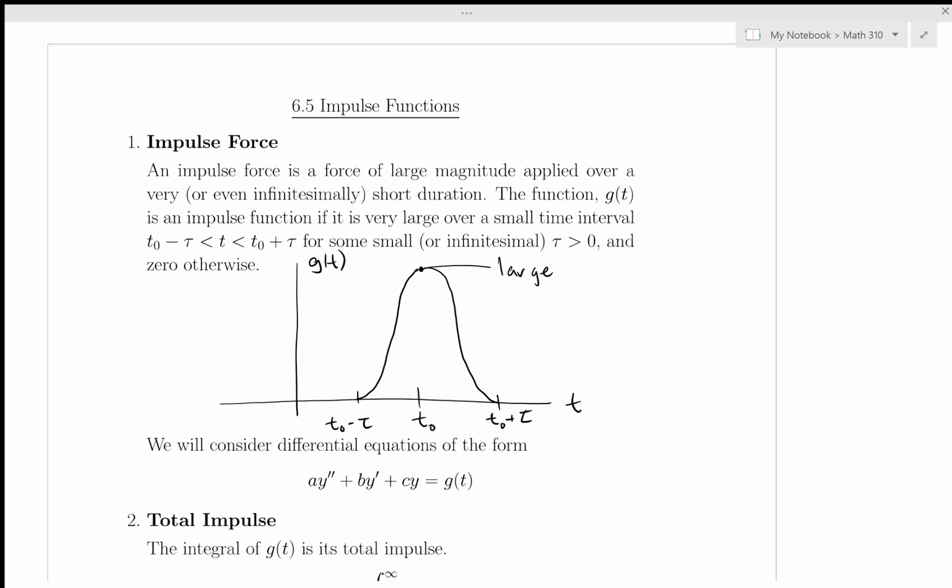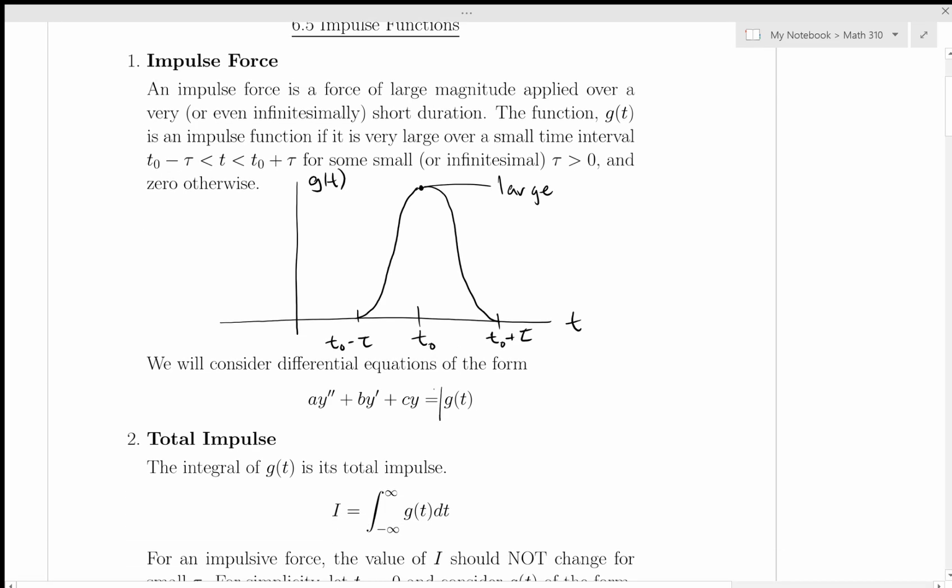Okay, so we're going to take a look at a differential equation where we have this type of function that I've drawn here as the forcing function on the right-hand side.